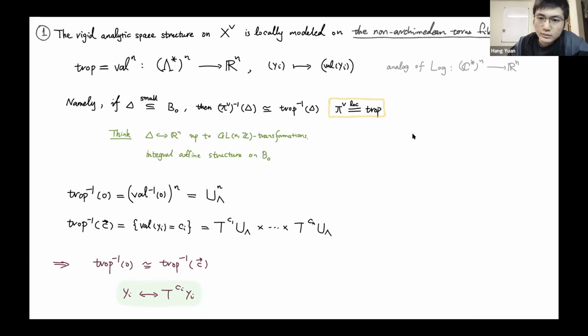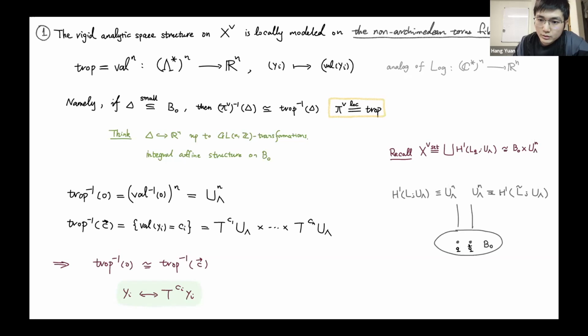In our setting, let me recall that the mirror space, as I said, is just the union of all these non-Archimedean tori. And so let me pick two points in the base. So the two fibers are two copies of the non-Archimedean torus.